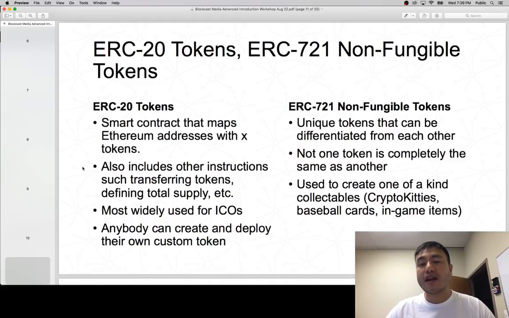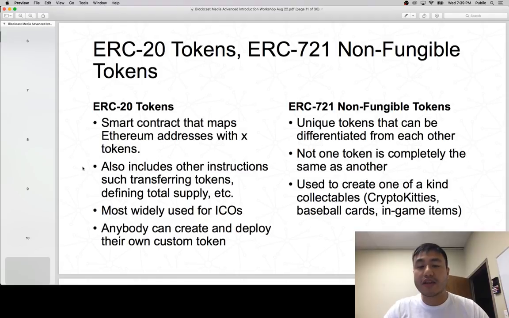Whenever you're transferring tokens around, let's say a Golem token, you're actually going to the smart contract that knows everything about this token and saying, hey, I want to transfer 20 Golem tokens from this address to this address. And that's what these smart contracts are capable of.